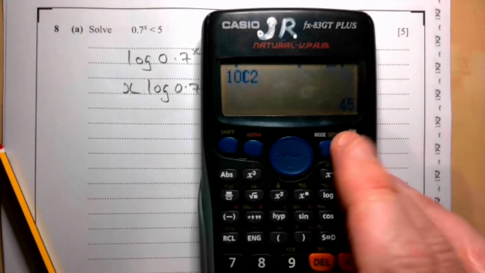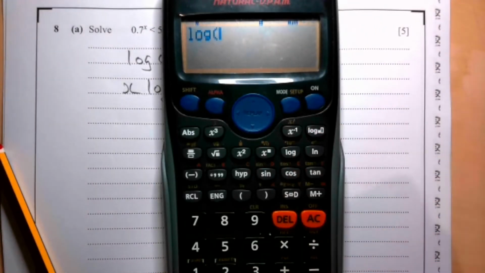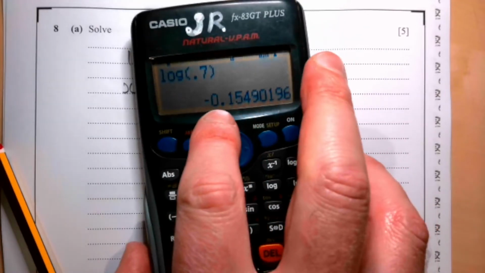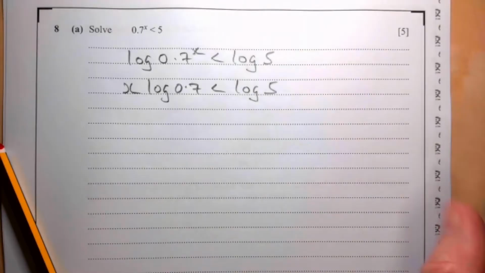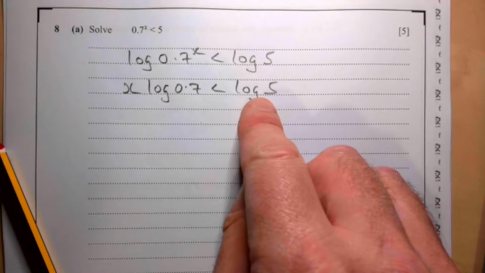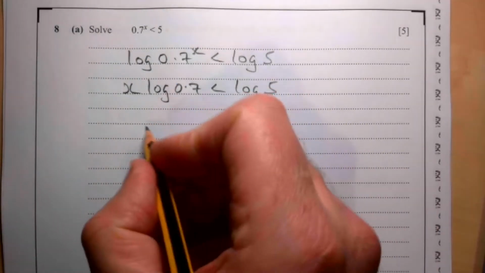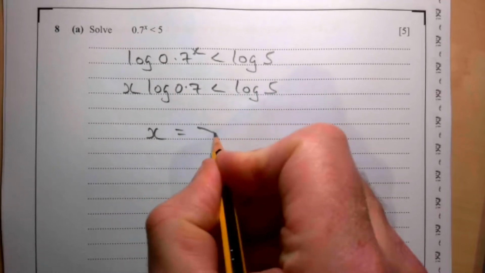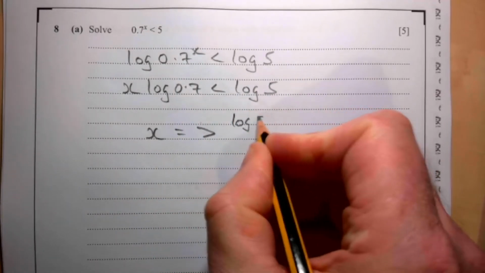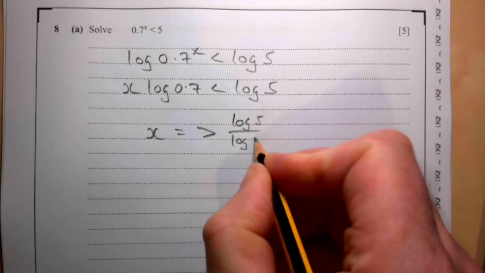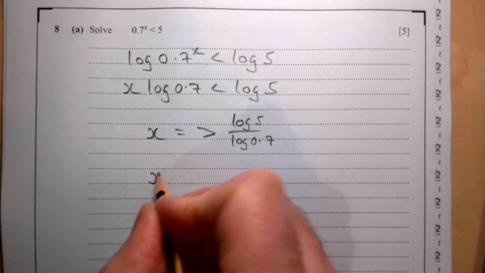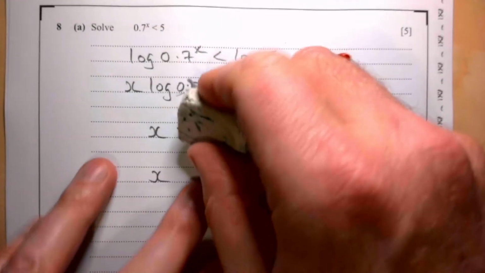Now I hope you know this already, but log 0.7 is a minus number. So whenever we divide an inequality both sides by a negative, the inequality flips round. So that means our next line is going to be x is greater than log 5 over log 0.7. Sorry, I'm not sure we have an equal sign in there.